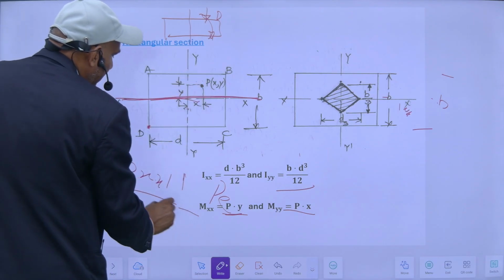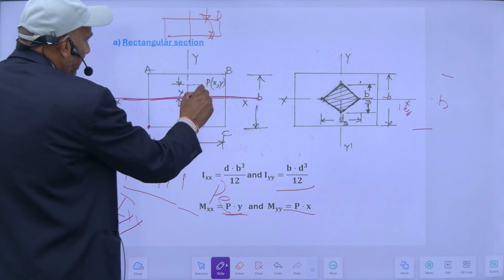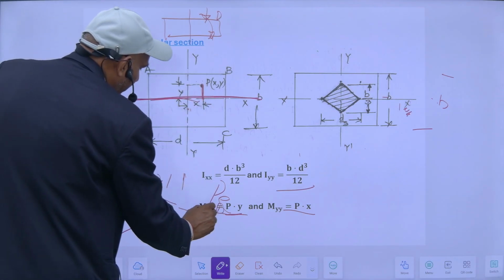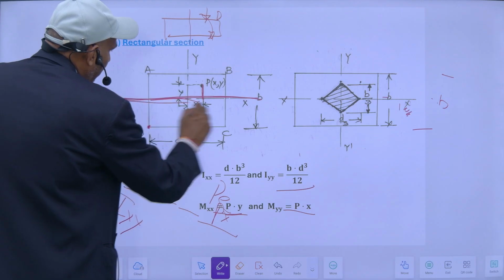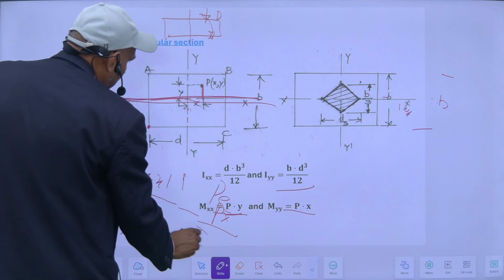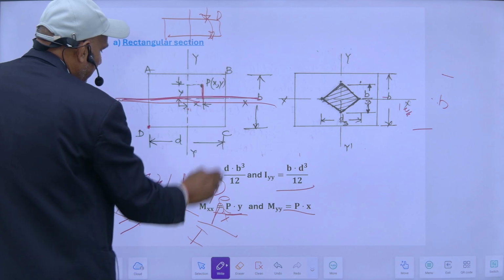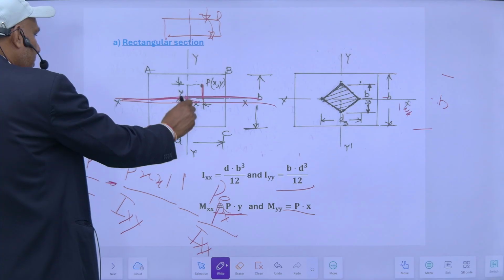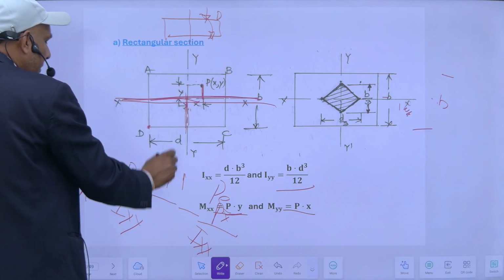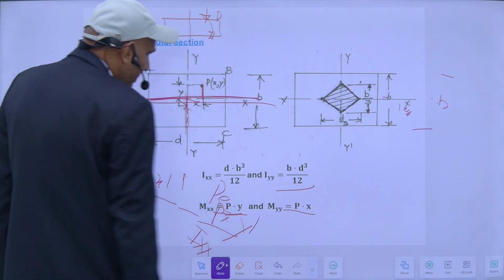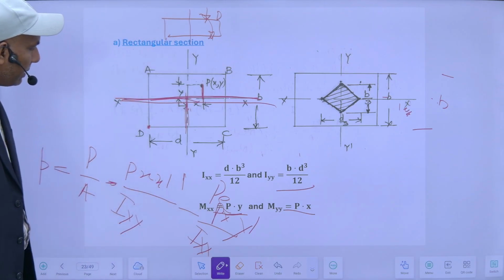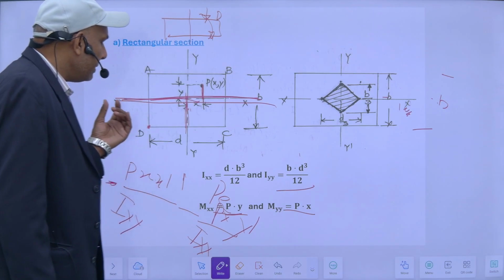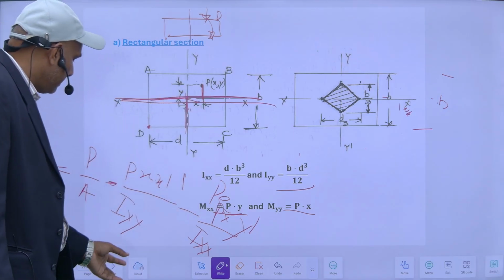So it will be minus here again. The moment will be P into this distance y divided by the moment of inertia about this section, Ixx, into its distance from this origin. Suppose this distance is y dash, so it will be y dash. So this will be the formula by which I can find the stress at any point on the section.